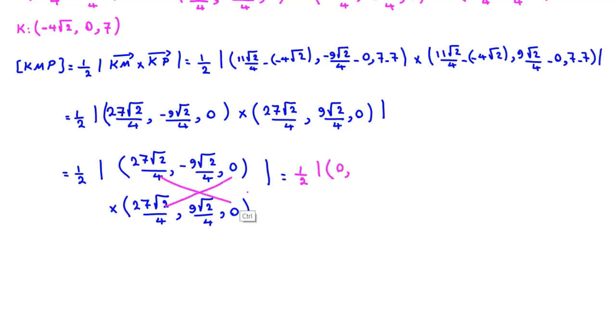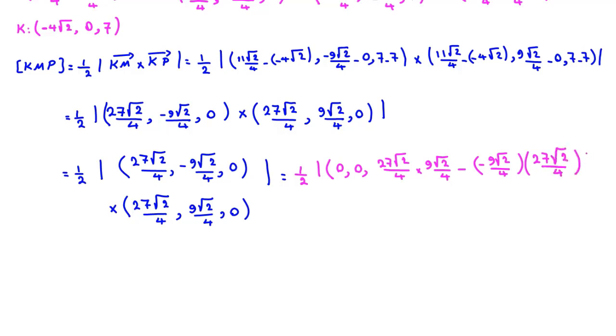For y coordinate, this minus this, 0. For z coordinate, this times this minus this times this. So let's consider 27 root 2 over 4 times 9 root 2 over 4, minus this times this, negative 9 root 2 over 4 times 27 root 2 over 4. It is the formula of cross product.